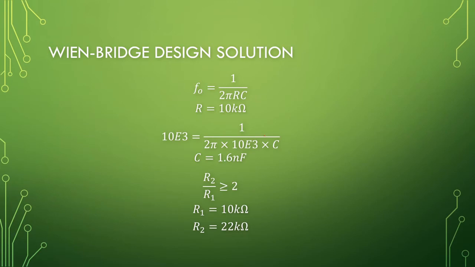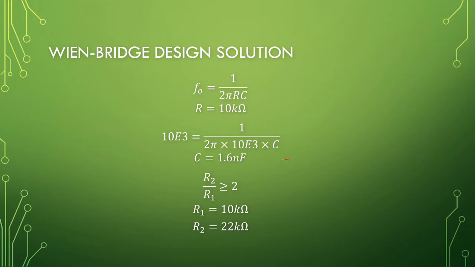Right, so the solution: if the lowest resistor should be 10 kilo ohms, let's choose our resistors in the parallel and series networks to be 10 kilo ohms, so Rs and Rp should be 10K, and we can find that our capacitor should be 1.6 nanofarads.